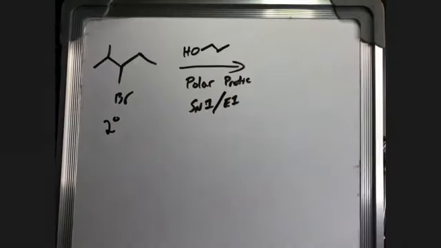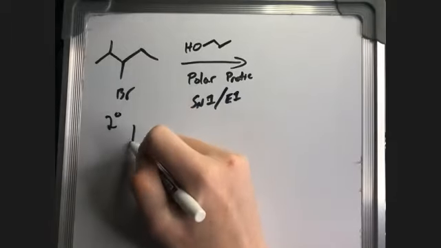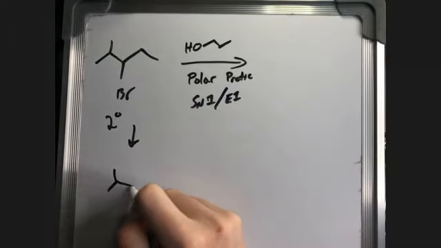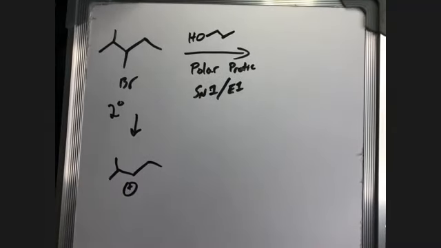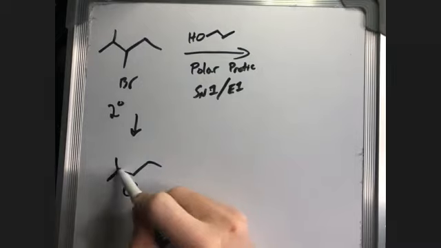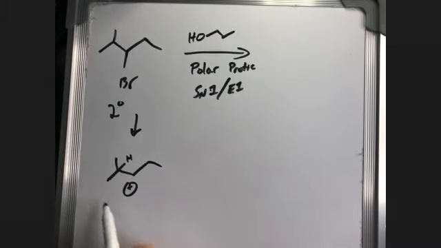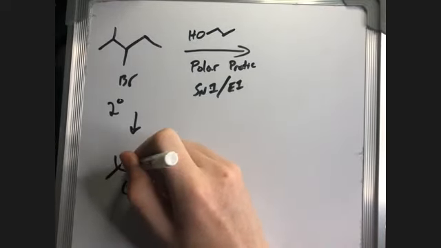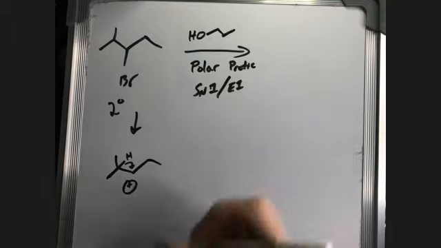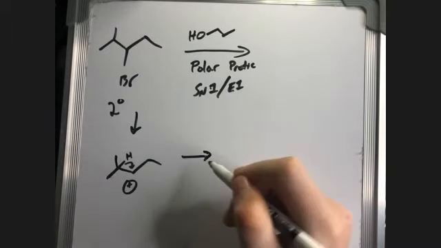a combination of those two. So now the question becomes, is our carbocation subject to rearrangement? And in this case, the answer is yes, because we have this hydrogen that's adjacent. This is a secondary carbocation. It can easily rearrange to form a tertiary carbocation with that hydride shift.